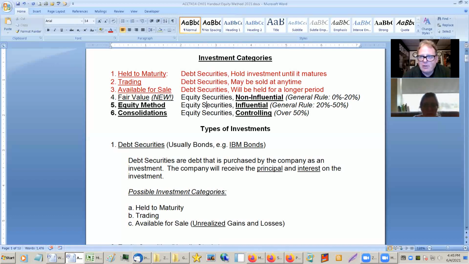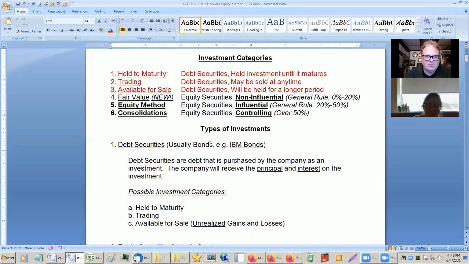It could be you're going to hold on to them, they're 10-year bonds, and you're going to hold on for 6 years. Okay, it could still be long term. So available for sale can be either short term or long term, but they're not for sale immediately. The trading securities are for sale immediately. And I know that those terms are not really descriptive, but that's what they use. And these are only for debt securities.